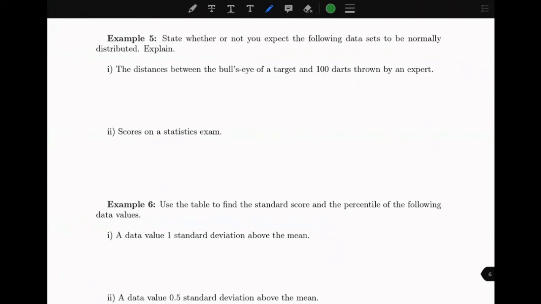So if we were to draw this little L, where this is a distance 0 away from the target, distance of 1, 2, 3, 4, etc., you would expect them to all be relatively close to the target, maybe a few right at 0, but all relatively close because they're experts. And then maybe they had a bad moment and had a bad shot. So we'd actually expect this to be right skewed.